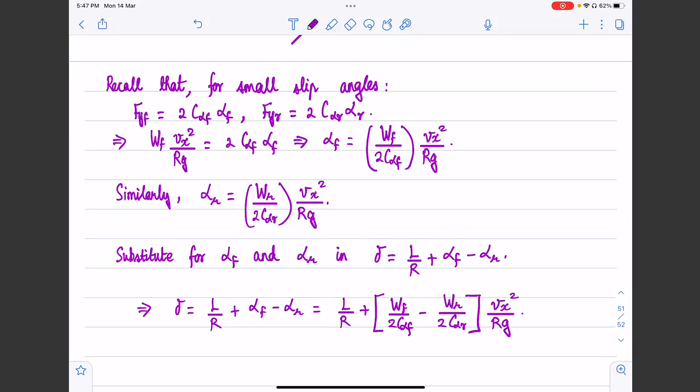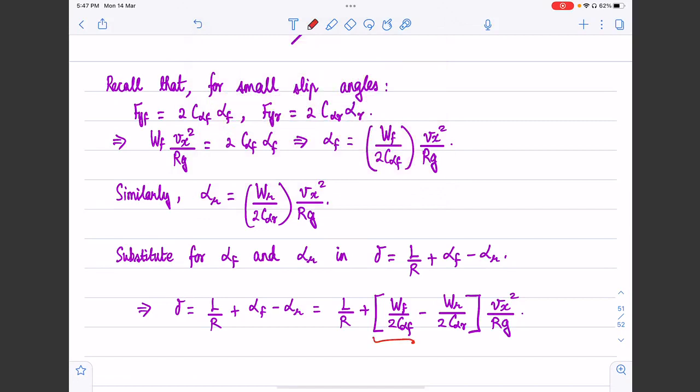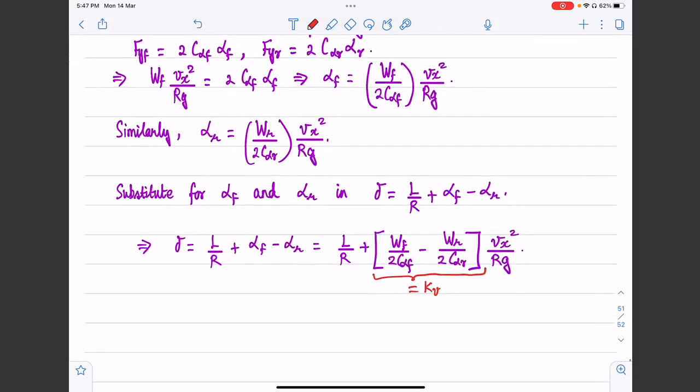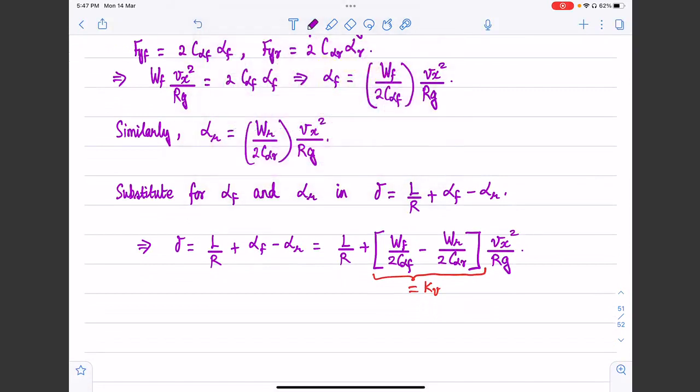Okay, so this term is the understeer gradient. You can see that we get the same expression, right? So this is how we can essentially get the definition of an understeer gradient even from the steady state cornering model.